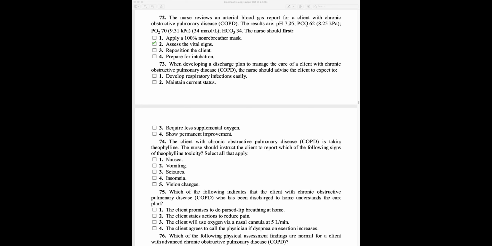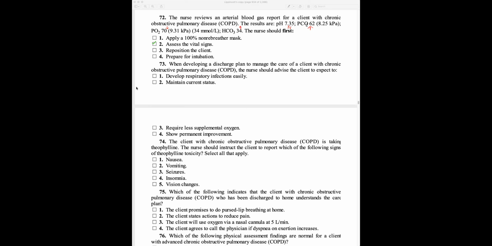So this is normal, right? This pH. The PaCO2 is 62. A normal PaCO2 is 35 to 45. So this is too high. A normal PaO2 is 80 to 100, so this is low. And a normal bicarb is 21 to 26, so this is too high, right?